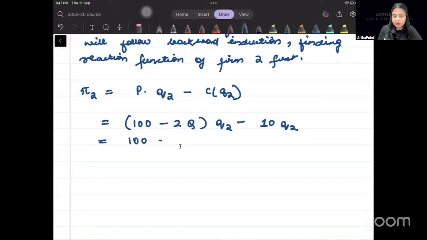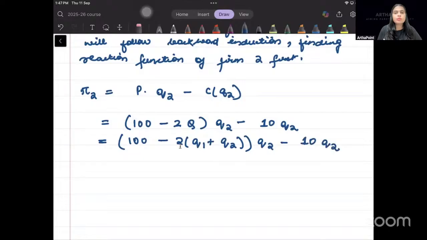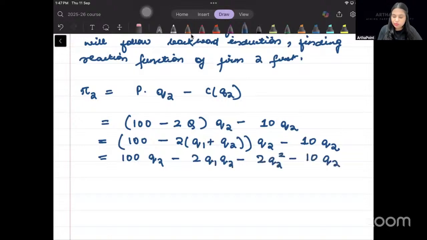This will be 100 minus 2 (Q1 plus Q2) into Q2 minus 10 Q2. Just open this up. We'll get 100 Q2 minus 2 Q1 Q2 minus 2 Q2 square minus 10 Q2. This will be 90 Q2 minus 2 Q1 Q2 minus 2 Q2 square.